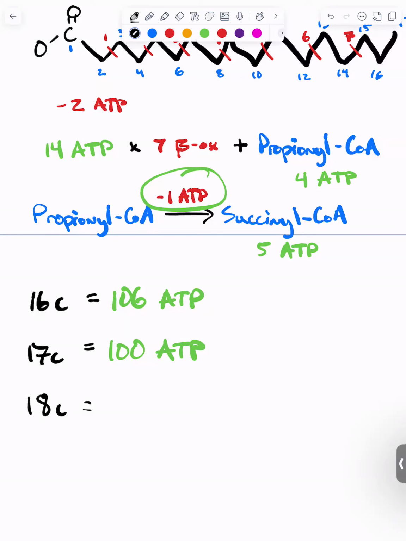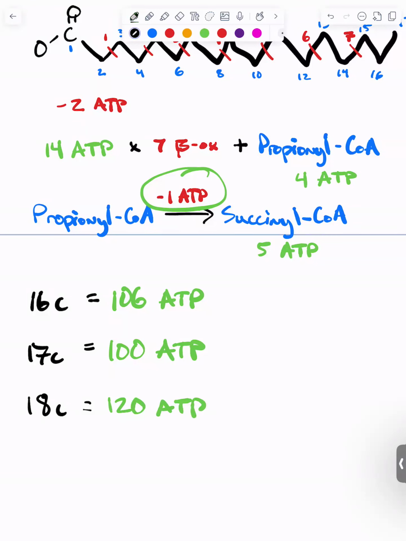What is one round of beta oxidation? How many ATPs is one round of beta oxidation worth? 14. That's it. All you get is an extra round of beta oxidation. So you get 14 extra ATPs from 18 carbons than you did from 16 carbons. So the answer is 120.